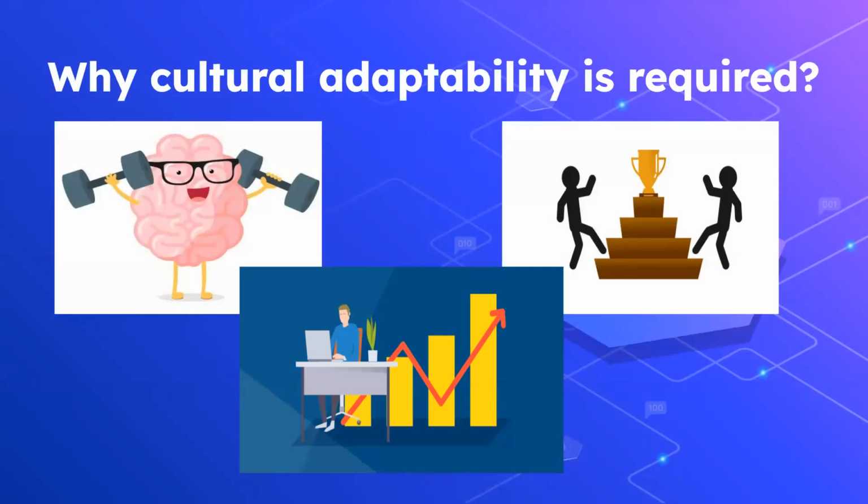To explain this, cultural adaptability allows people to remain psychologically healthy and hence able to survive the challenges of a new atmosphere and engage in communication. A person can only work efficiently in a new atmosphere if he gets adapted to it.